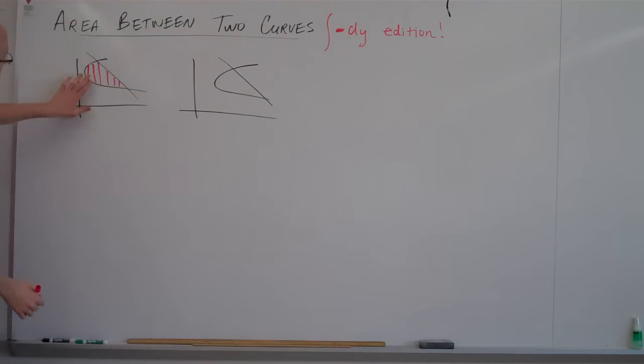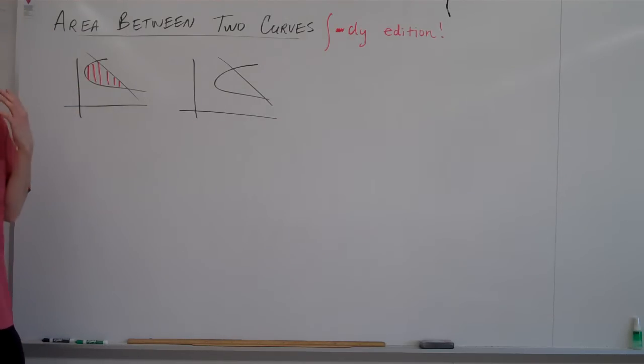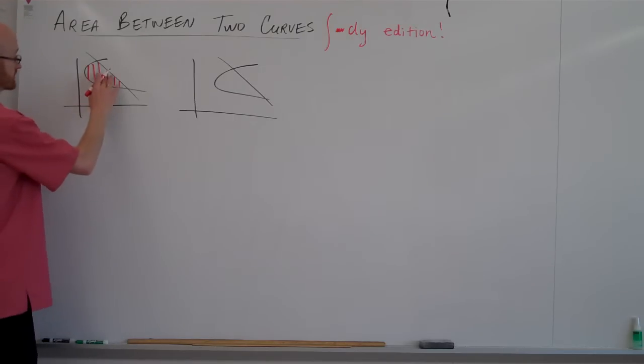The problem is in this area right here, the slice goes from this function and out the back side of it, and that's no good, because we've got to worry about signage there. I mean, you can do it, but you have to break it into two pieces.